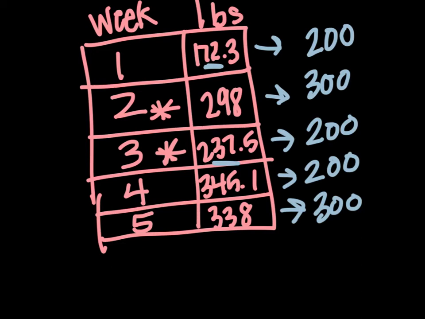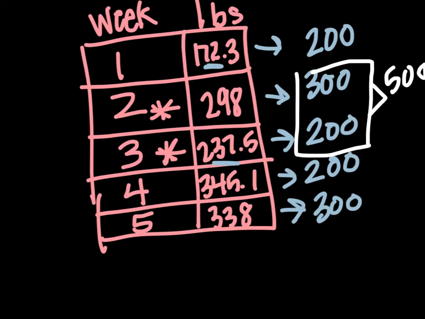So now I'm going to combine that 300 and that 200 to get a total of 500. So I would say that in weeks 2 and 3 we raised about 500 pounds of dog food.